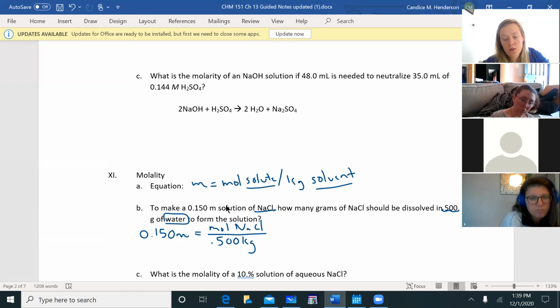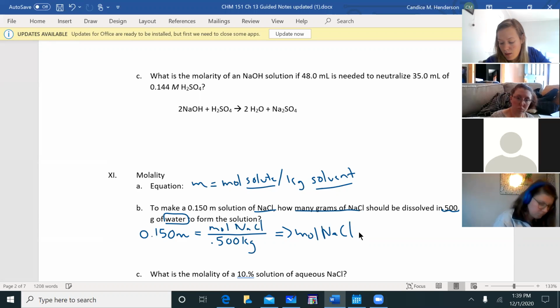Then in order to figure out, we're not going to get grams. It's saying how many grams of NaCl. We're not going to get grams from this equation. We're going to get moles. So my moles of NaCl will equal 0.075 moles. We just took this value and moved it over here.